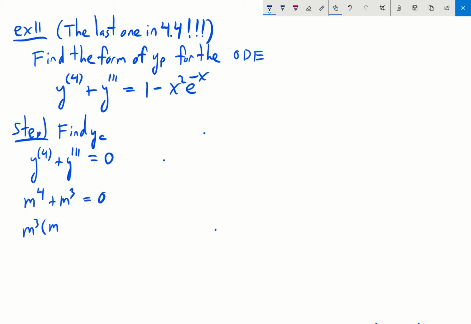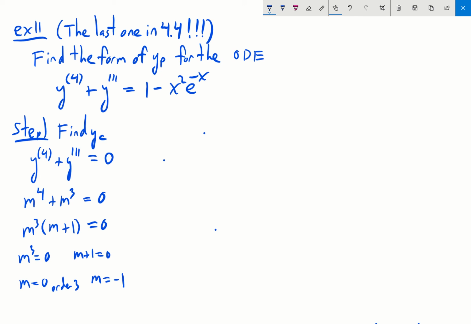Factor out the m cubed. This equals 0. Set each factor equal to 0, and we find the following. We have 0 is a solution of order 3, and then we have m equals negative 1, which would be a solution of order 1.